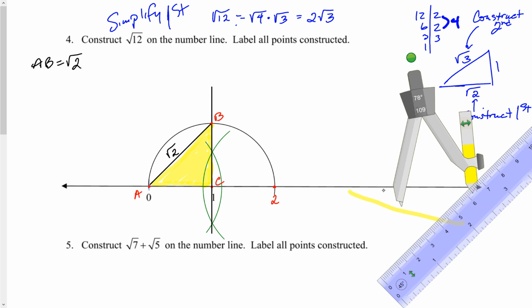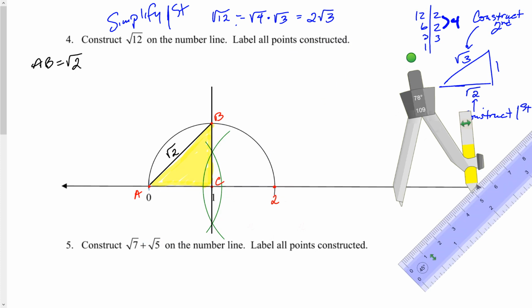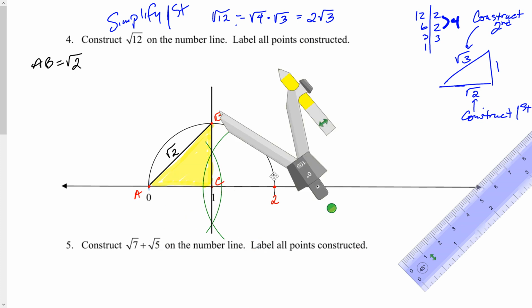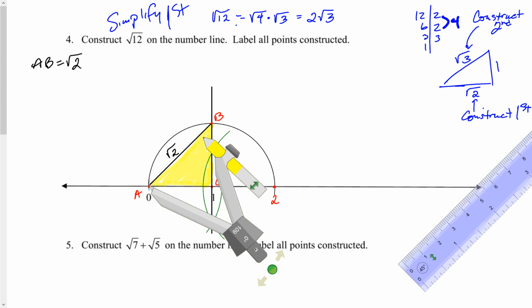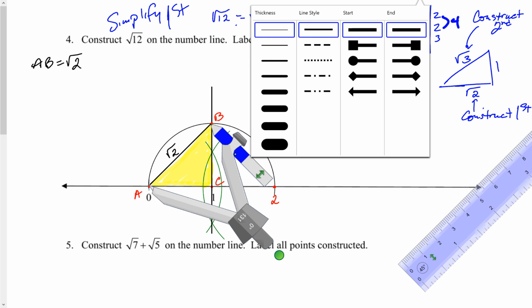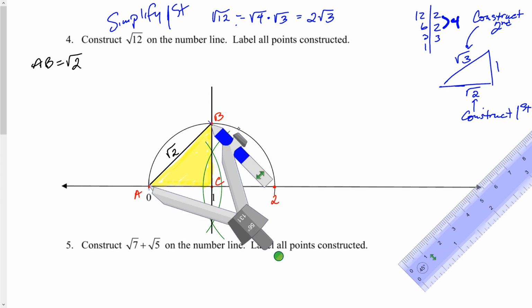We have to find root 2 on the number line. So grab our handy dandy compass here. Adjust it from A to B and rotate down.